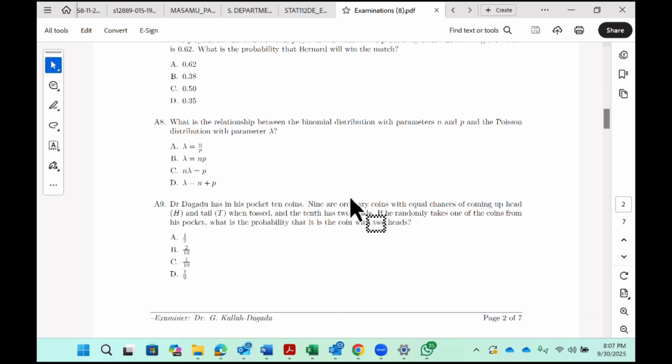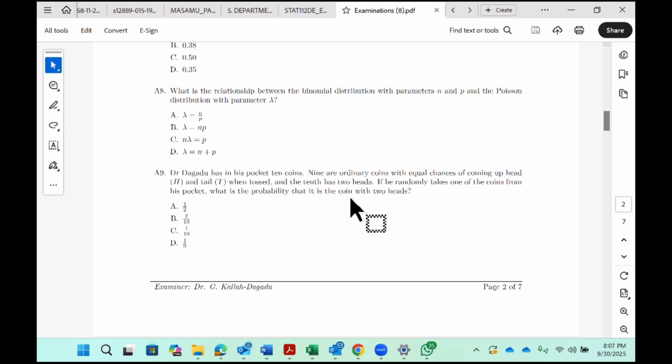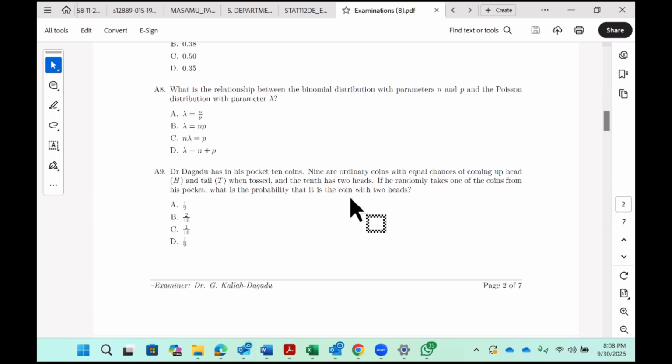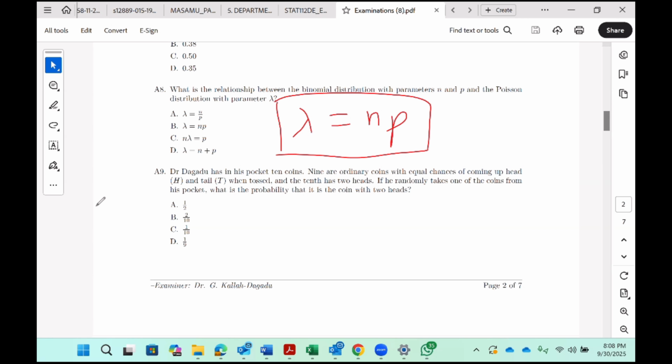So 8, what is the relationship between the binomial distribution with parameters n and p and the Poisson distribution with parameter lambda? We learned the binomial approximation to Poisson, and we said that if your n is large and p is small, then your lambda will simply equal n times p. So that's the relationship B, which we should know.